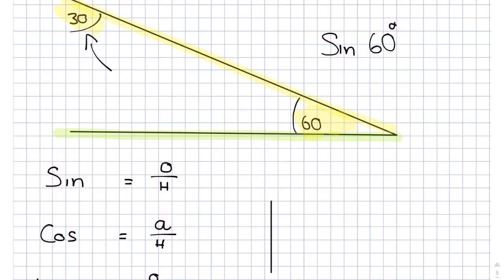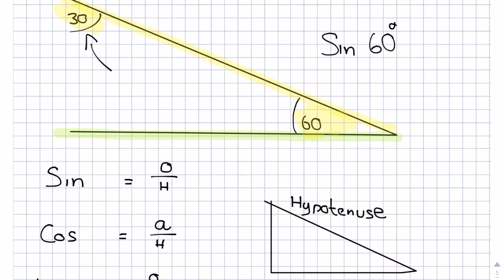And what do I mean by opposite, adjacent, hypotenuse? The hypotenuse is always the side that's the longest. And if you're unsure which side is the longest side, it's always the side that's opposite the 90-degree angle.